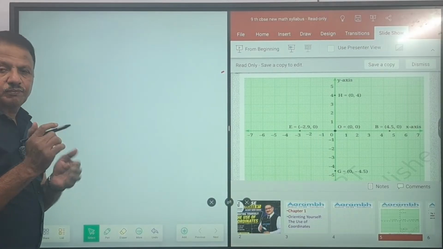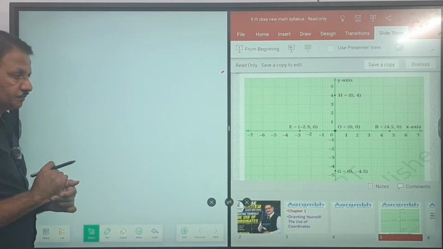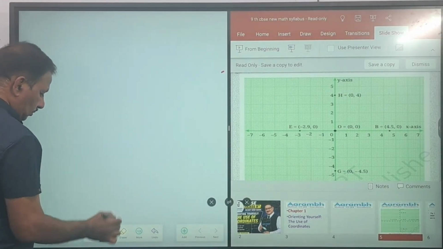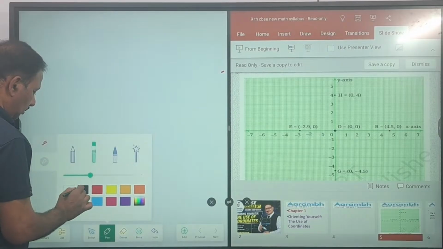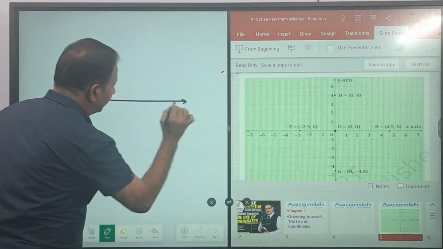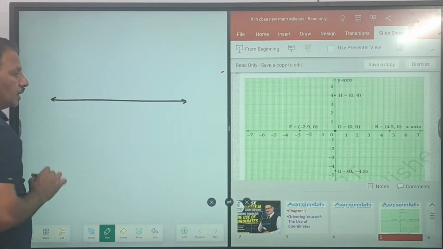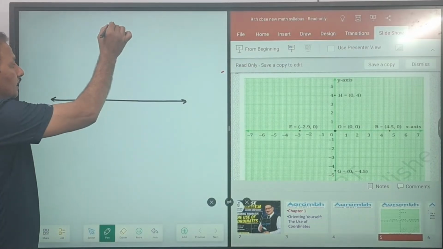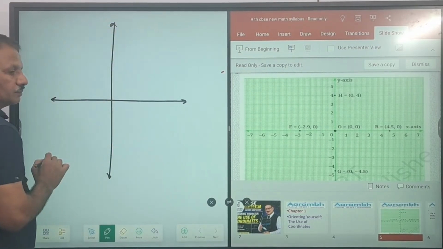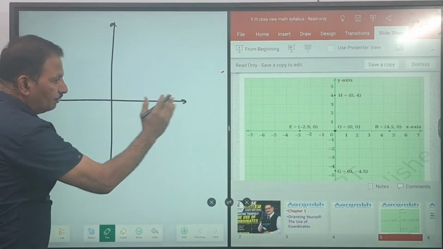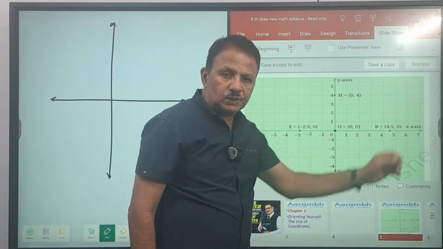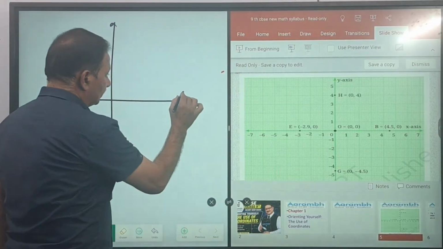It consists of two axes. One line is parallel to the ground. Second line is perpendicular to the ground. The line which is parallel to the ground is called the x-axis.